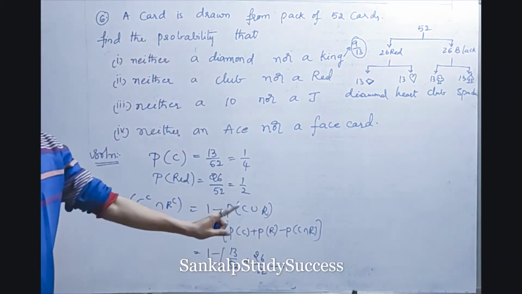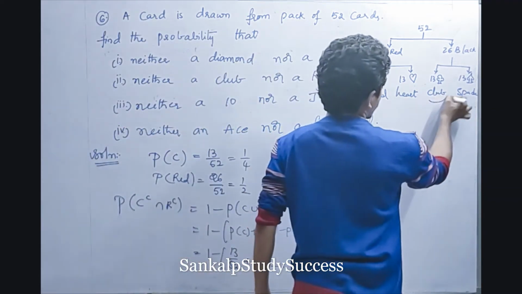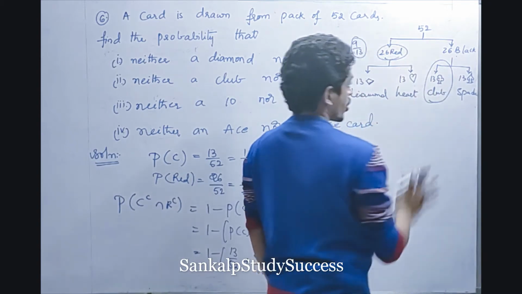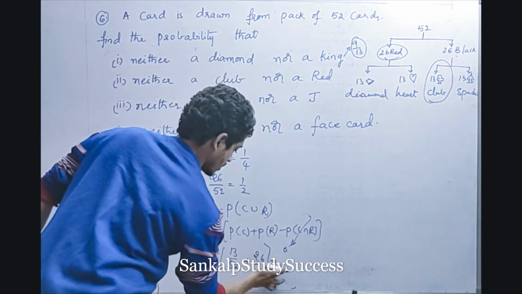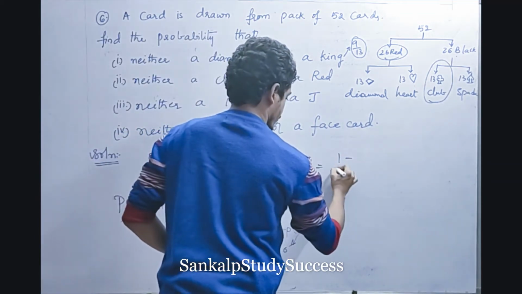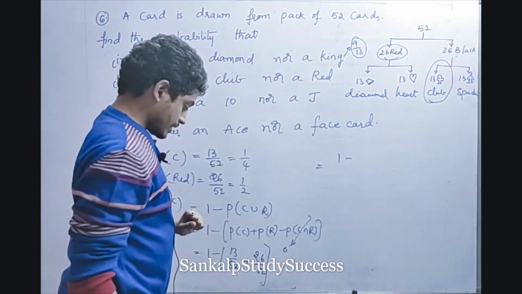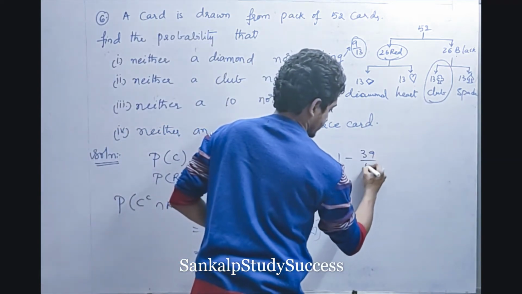Can club and red both be disjoint or independent? See, club is in the black case. Here I am talking about the red case. Both are disjoint events, right? So this value becomes 0. So until here we will calculate. So now 1 minus, what is the value? 1 minus, 13 plus 26 is 39. 39 by 52, right?